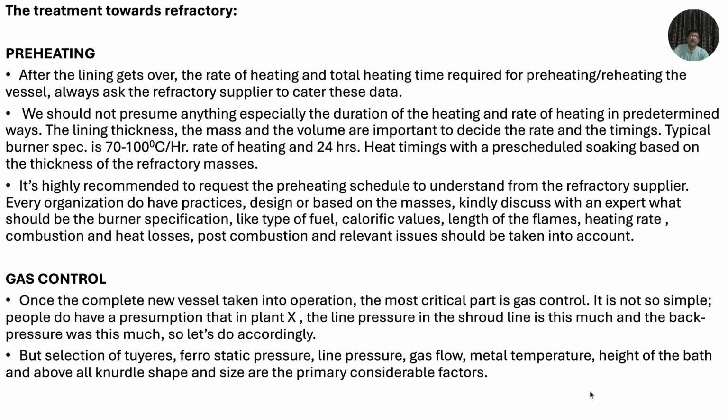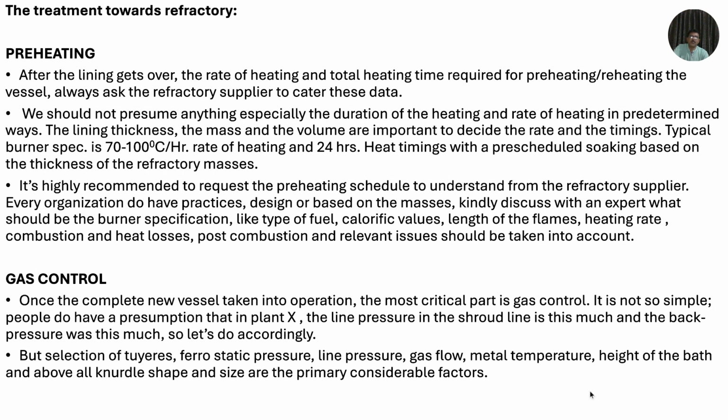Typical burner specification is 70 degrees C to 100 degrees C per hour rate of heating, and 24 hours is the total time of heating, with a pre-scheduled soaking based on the thickness of the refractory masses. It's highly recommended to request the preheating schedule from the refractory supplier.